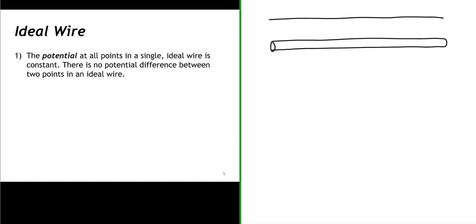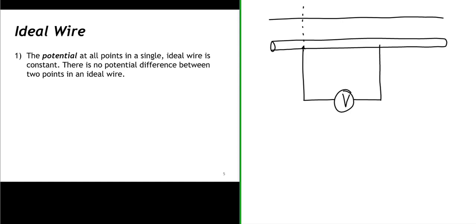So let's say we have a measuring device that allows us to measure the potential difference between 2 points. We will call this measuring device a voltmeter. And this voltmeter allows us to measure a difference in potential between 2 points.